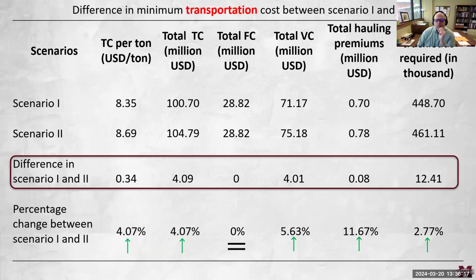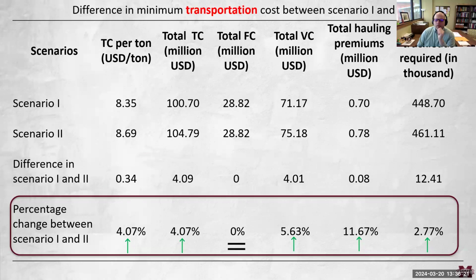So this 0.08 million, it's about 11.5%. And then the number of truckloads required. If there's more trucks but it's the same amount of wood, some trucks are going to be underloaded. So we've added about 3% to the truck workforce that's carrying underweight truckloads to the mill.